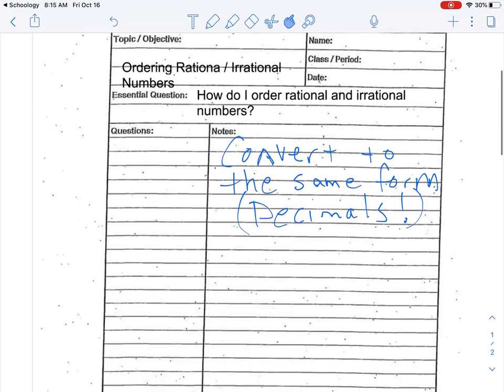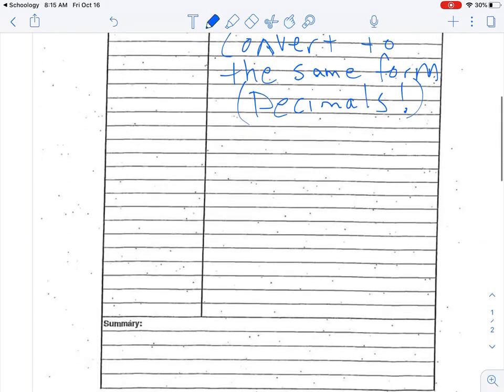So for instance, here's a problem that you might see. It might say, order these numbers from least to greatest or from greatest to least. But we're going to go least to greatest in this case.